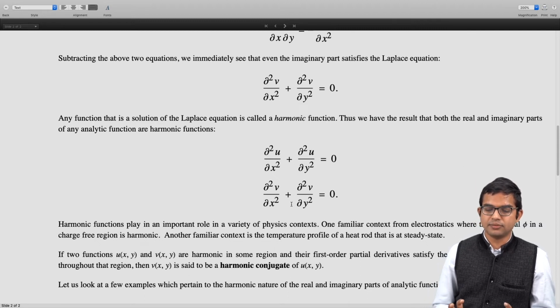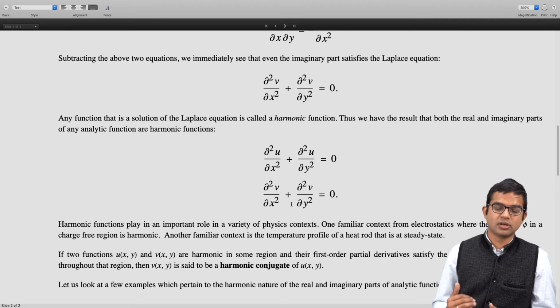So u and v not only satisfy the Laplace equation individually, but there is also a relationship between the two, which is important if they have to couple together to give you an analytic function.